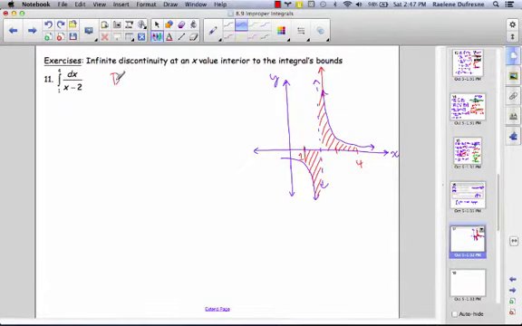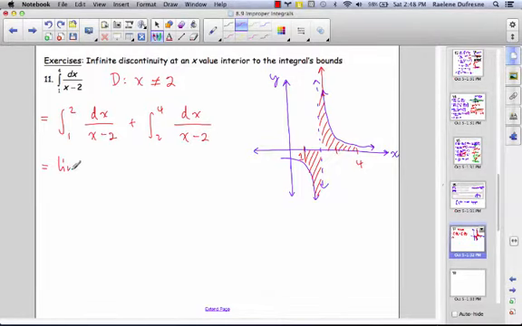We know that the domain says that x cannot equal 2. So we first break this integral up as the integral from 1 to 2 of dx over x minus 2 plus the integral from 2 to 4 of dx over x minus 2.